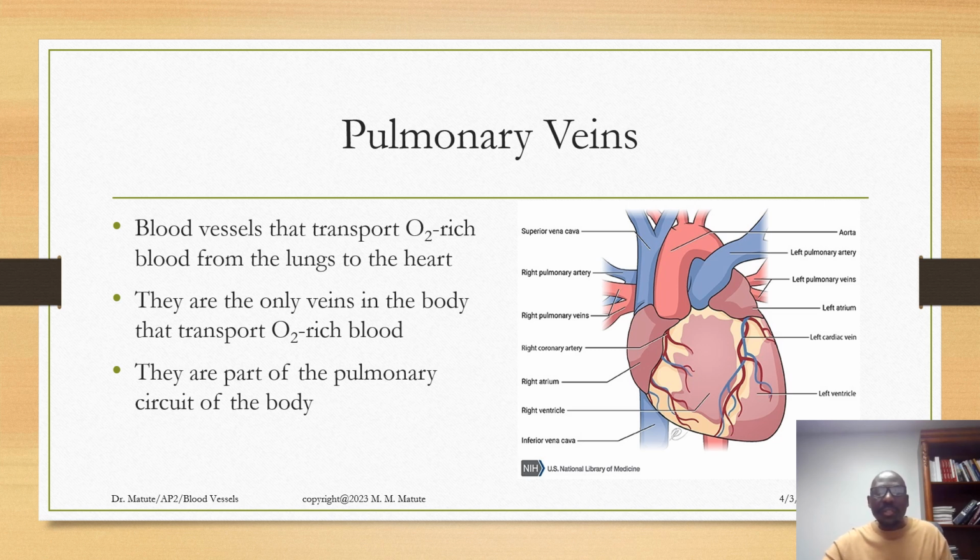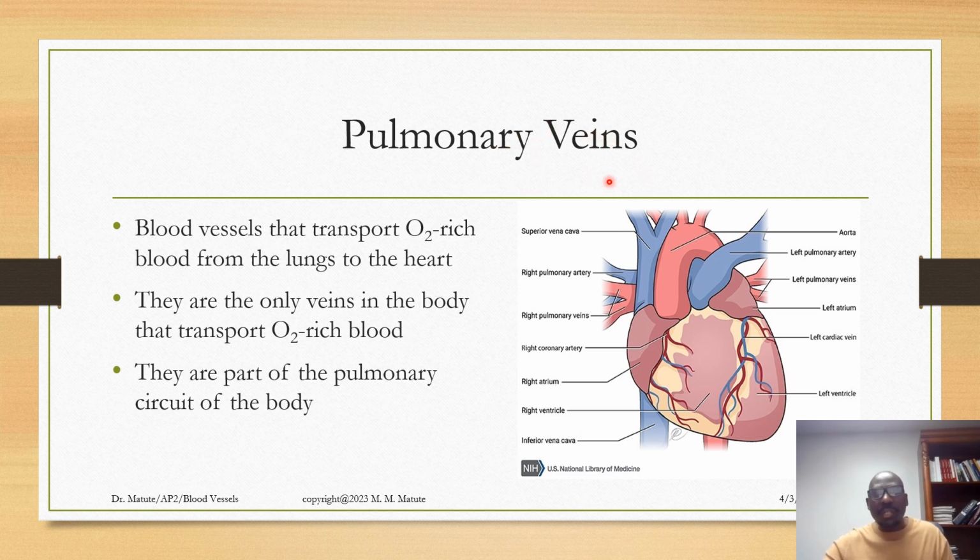Pulmonary veins: again, veins normally carry oxygen-poor blood, but with pulmonary in front of that, these veins carry oxygen-rich blood. They transport oxygen-rich blood from the lungs back to the heart, to the left atrium.